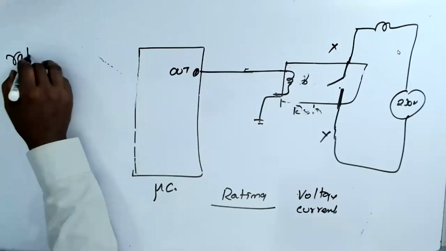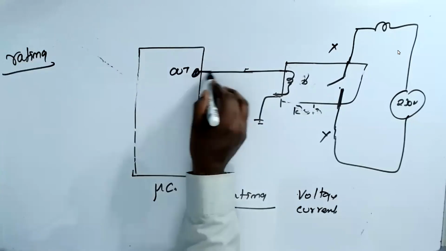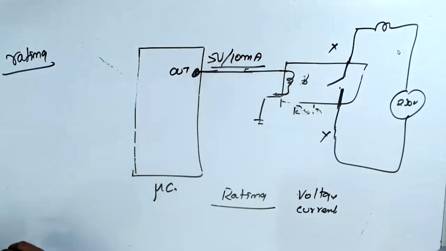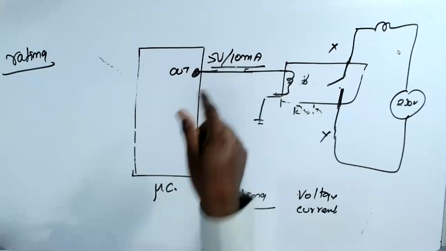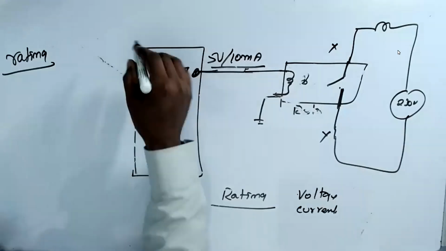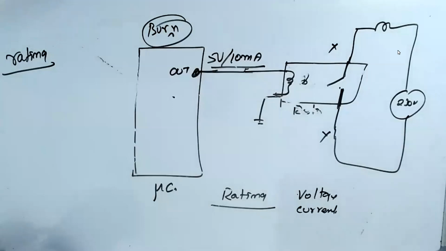If the microcontroller pin output is rated 5 volt and 10 milliamperes, that means if you try to draw more than 10 milliampere, this device will burn. Understand now? That's why we call this a rating.